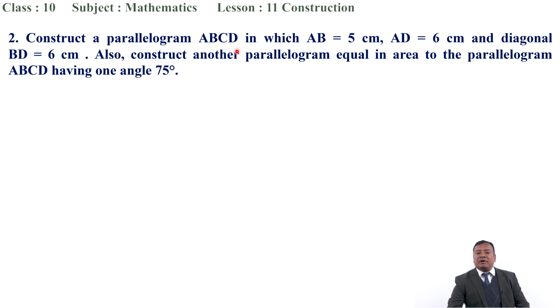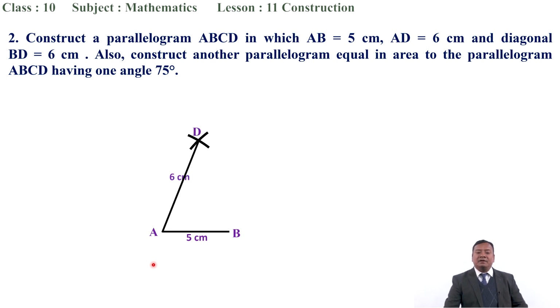But for this, how to construct a parallelogram if two sides and one diagonal are given? Look here, as in the previous way, first of all draw line segment AB equal to 5 centimeter, and then AD is 6 centimeter, that is, from point A we can cut 6 centimeter, right?